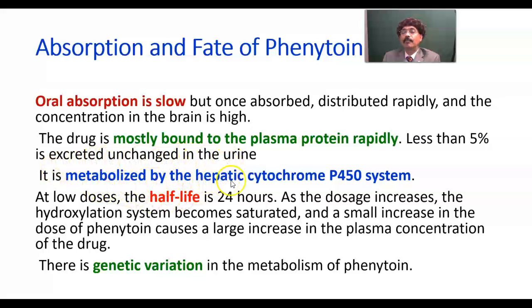It is metabolized by the hepatic cytochrome P450 system. At low doses, half-life is 24 hours. As the dose increases, the hydroxylation system becomes saturated, and a small increase in the dose of phenytoin causes a large increase in plasma concentration of the drug. You have to remember that there is genetic variation in the metabolism of phenytoin.